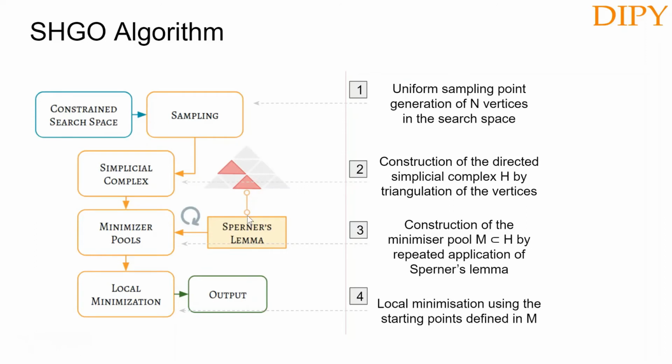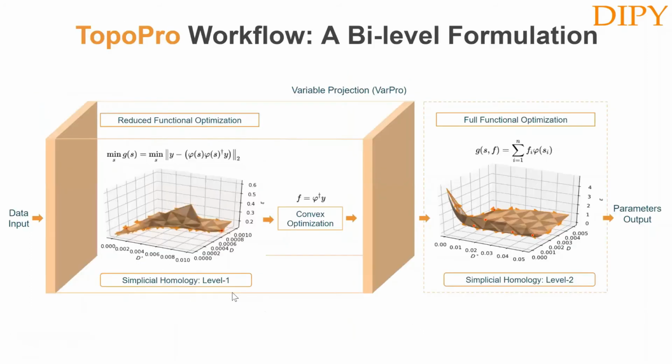So Sperner's lemma basically gives you a way of numbering the vertices of the simplicial complex such that you can detect local clusters on that graph. And then from those clusters that you have detected, you get minimizer pools. These minimizer pools are regions where there is the possibility of a minima. And then within those minimizer pools, that is, regions of that graph, you perform a local minimization and you get your output. This will become clearer in the next slide.